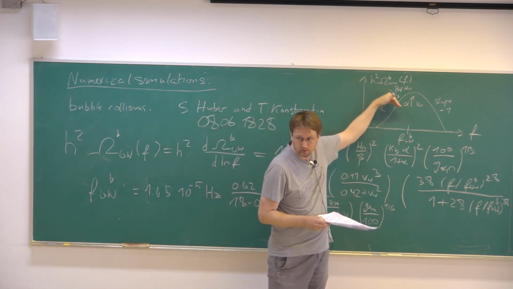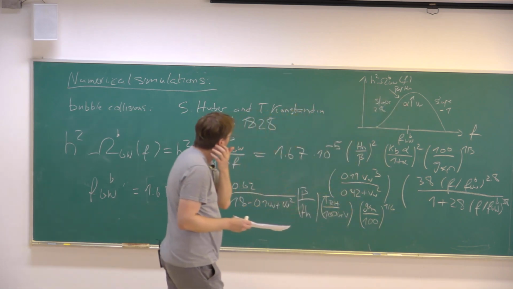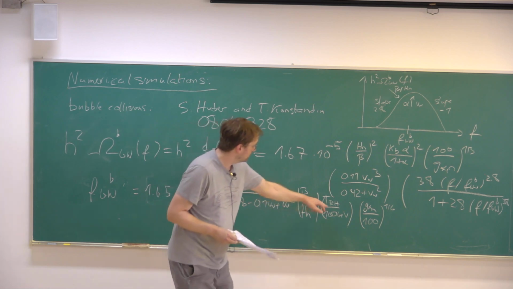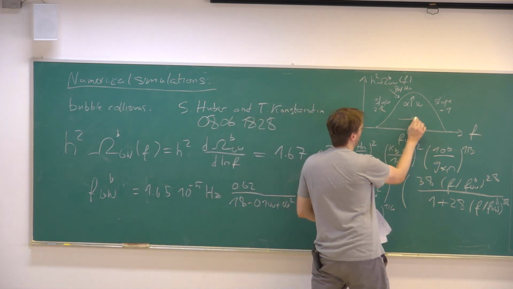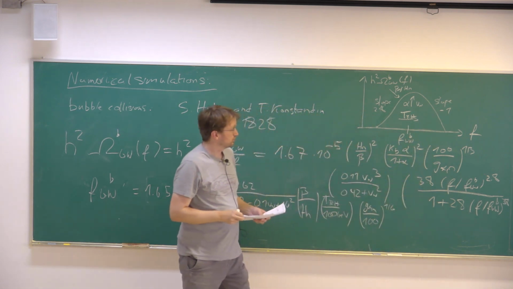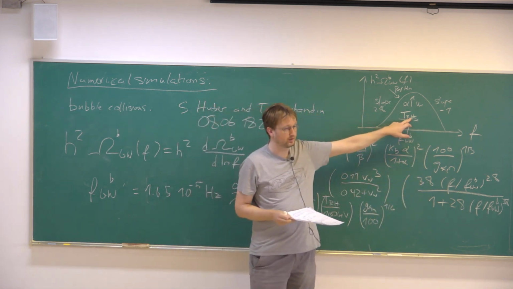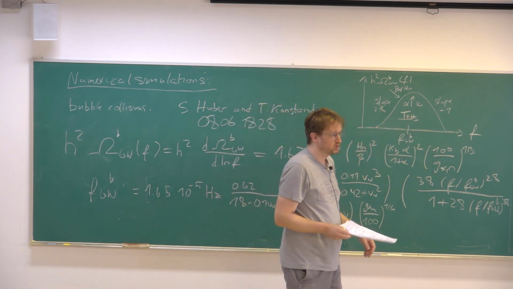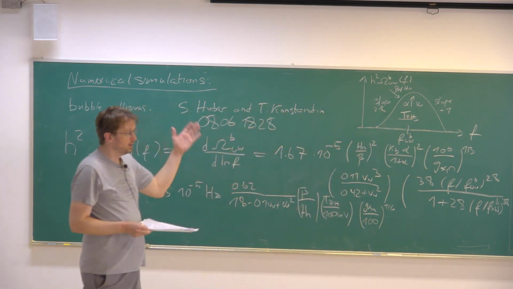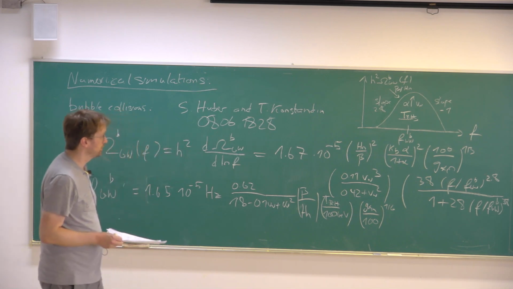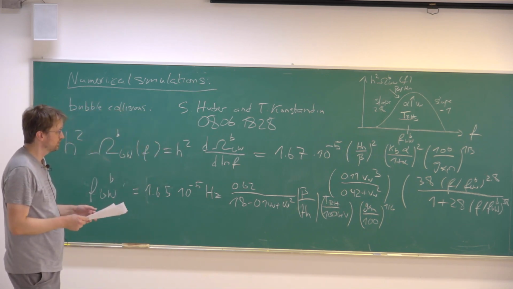So this is why I plotted it like this. And the last, probably the most important parameter is the reheating temperature, which really sets the scale of the peak frequency. So for a given reheating temperature, or roughly the critical temperature of your theory, this will determine which of the gravitational wave experiments are sensitive.